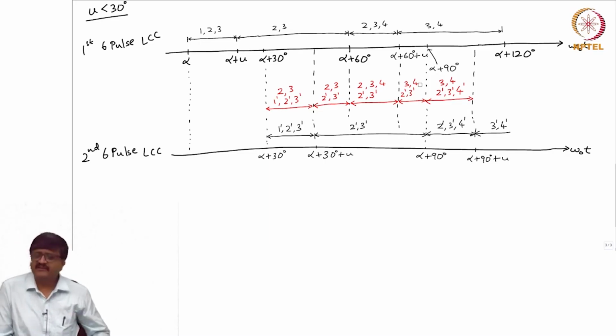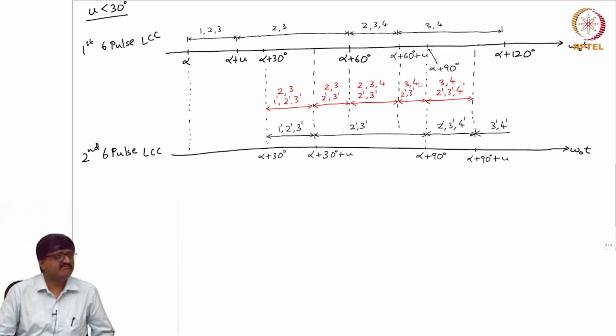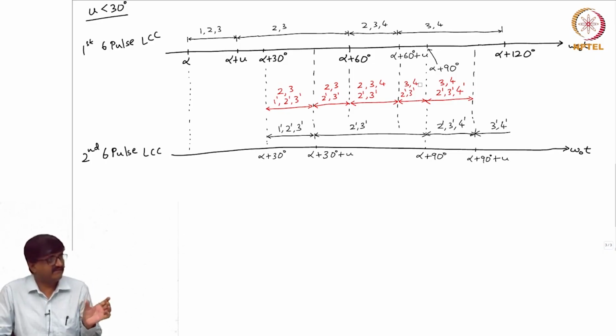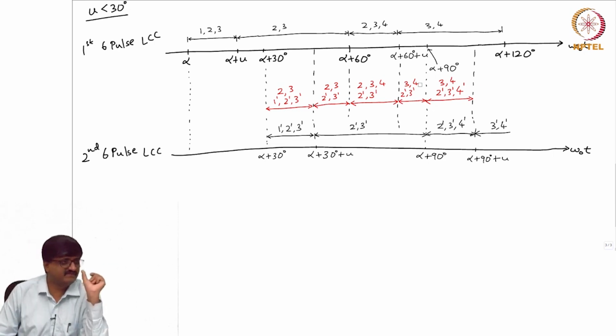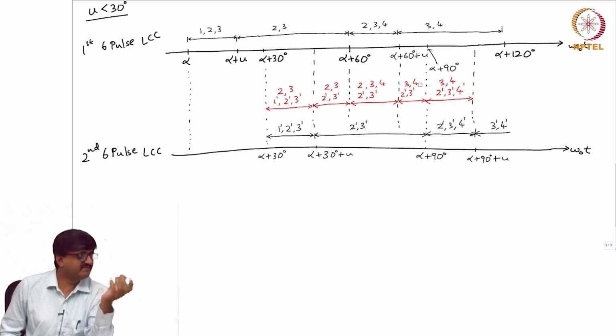To decide the operating mode, even if you look at just the 6 pulse LCC, should I consider the entire cycle consisting of 360 degrees? No, in the case of 6 pulse LCC, one interval is sufficient. I just look at one interval that is divided into 2 subintervals, and I see the number of valves in the first subinterval and the second subinterval.